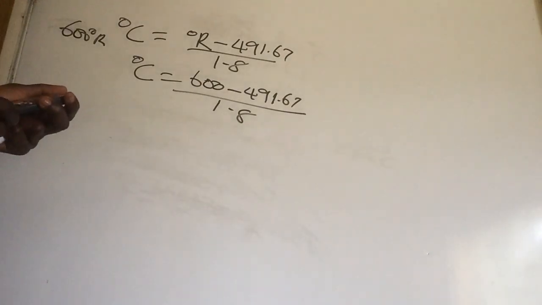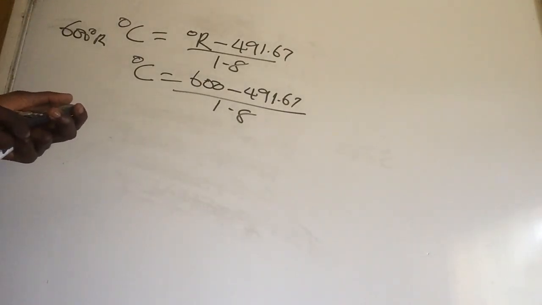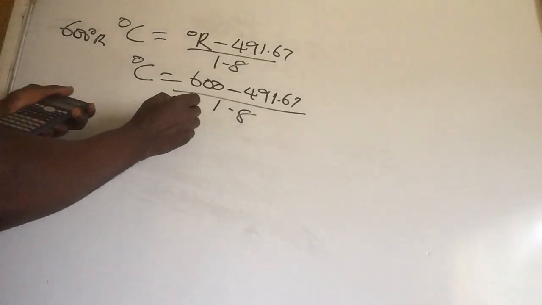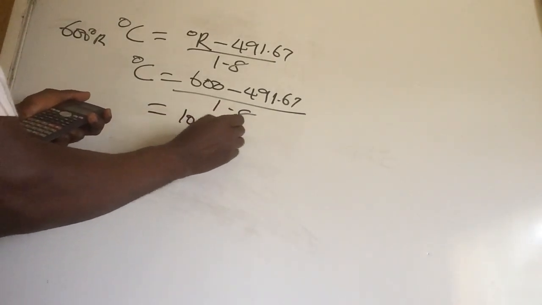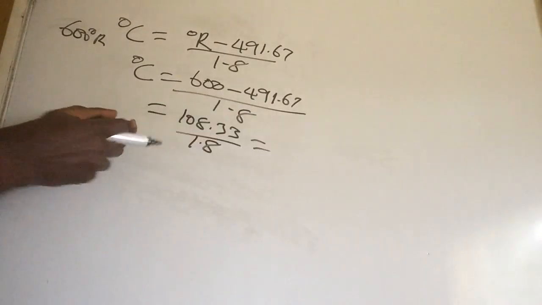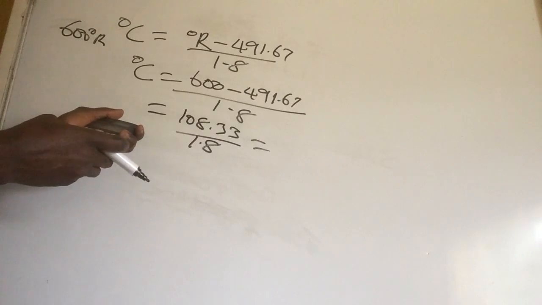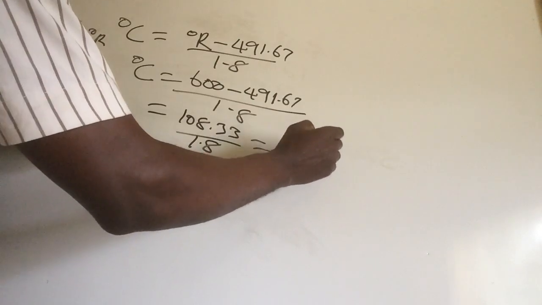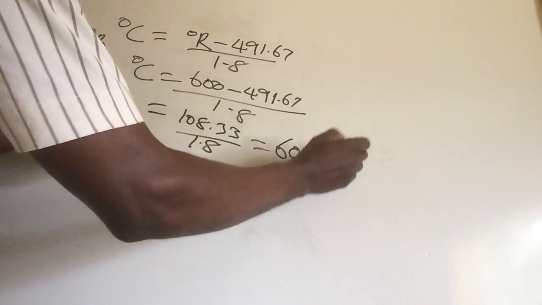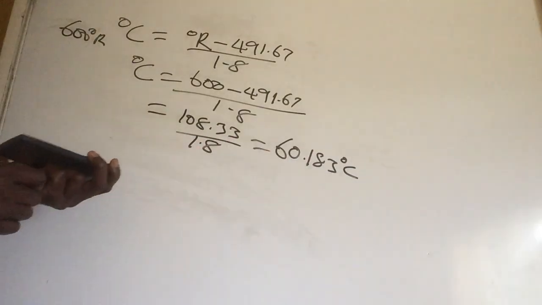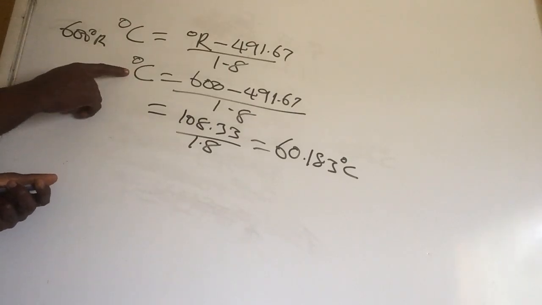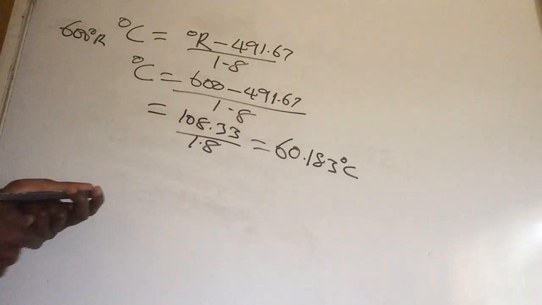When you subtract 600 minus 491.67, the answer is 108.33, all over 1.8. When you divide the value by 1.8, you now have 60.183 degrees Celsius approximately. So 600 Rankine, when you convert it to Celsius, becomes 60.18 degrees Celsius.